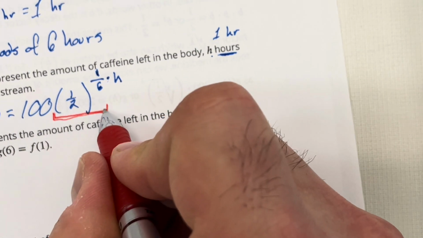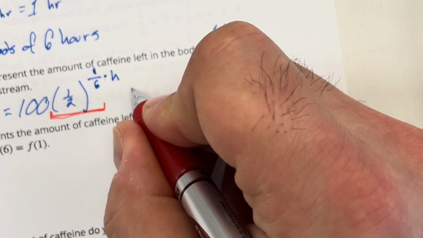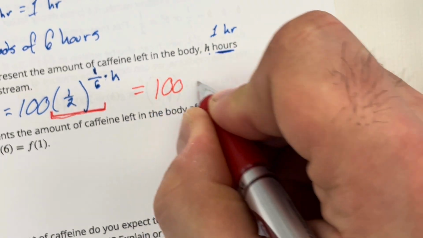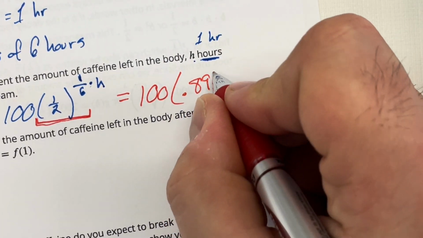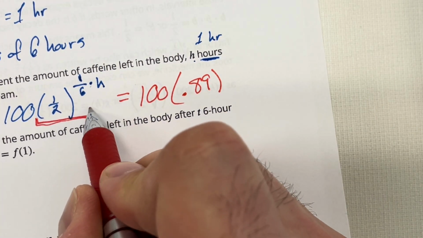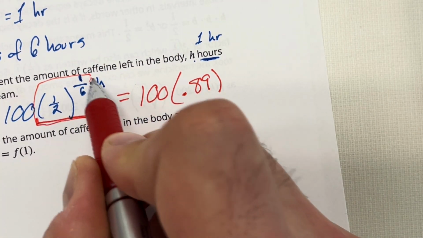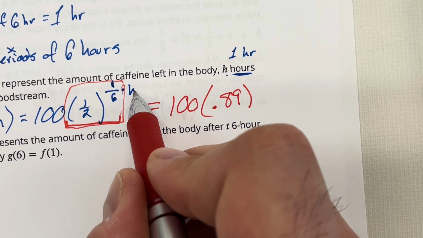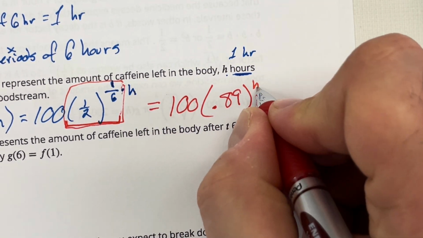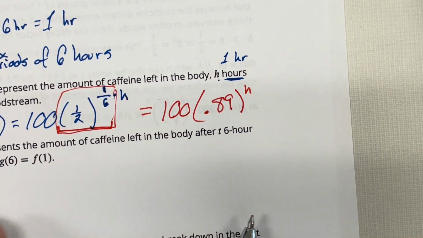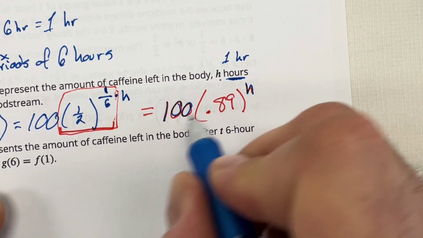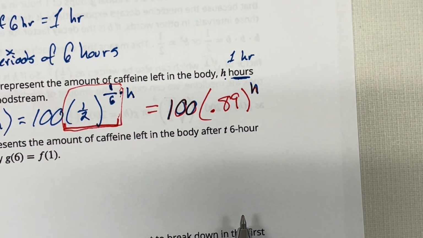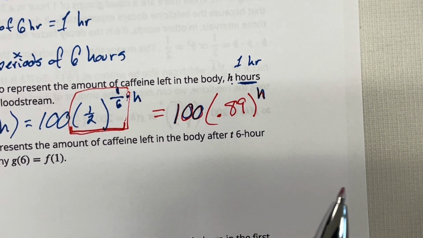So I can replace this, keep the H, and rewrite this as 100 times 0.89 to the H. We just did that math. The 100 and the H stay, and this part replaces that. All right, last one.